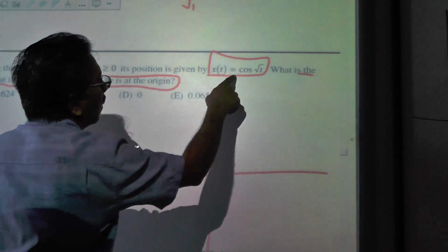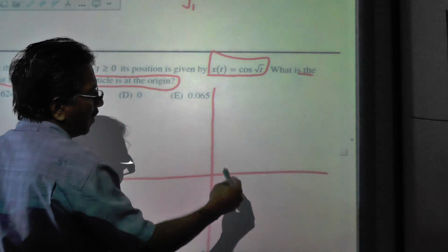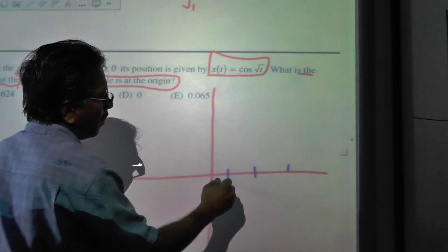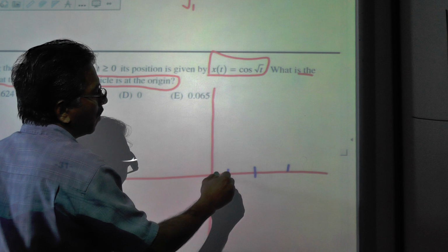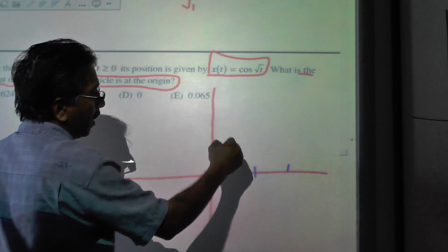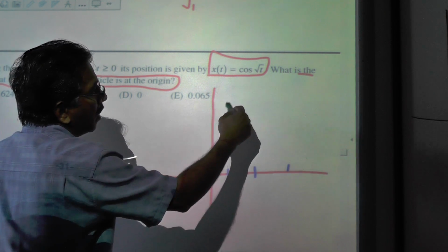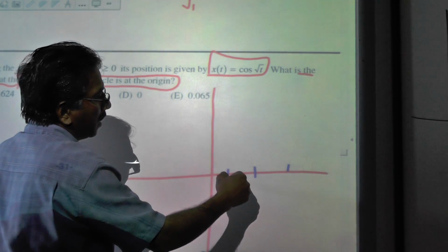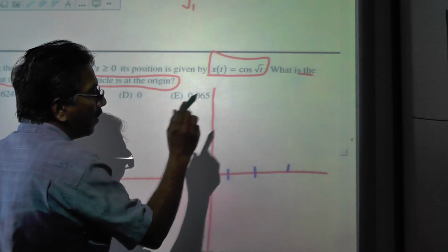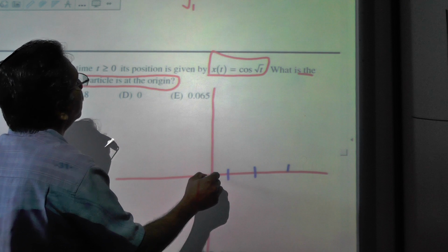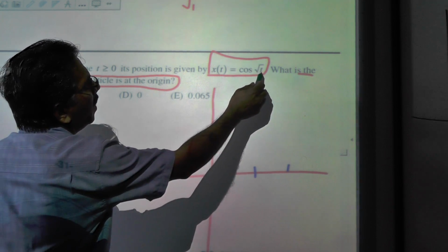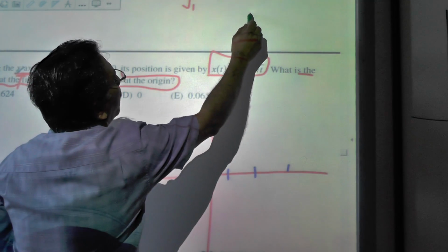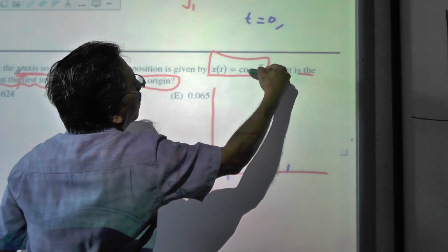What it means is, this is the distance graph. As the time progresses, the particle moves, it may be going down or up. If I put t equals 0, this whole thing becomes 1.